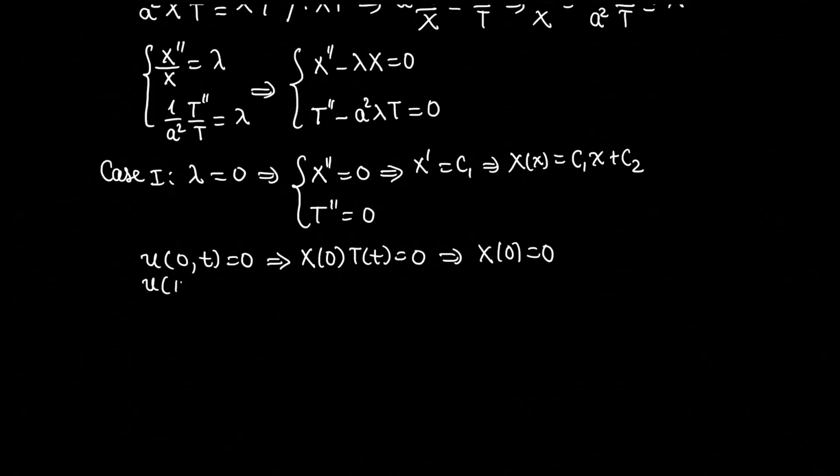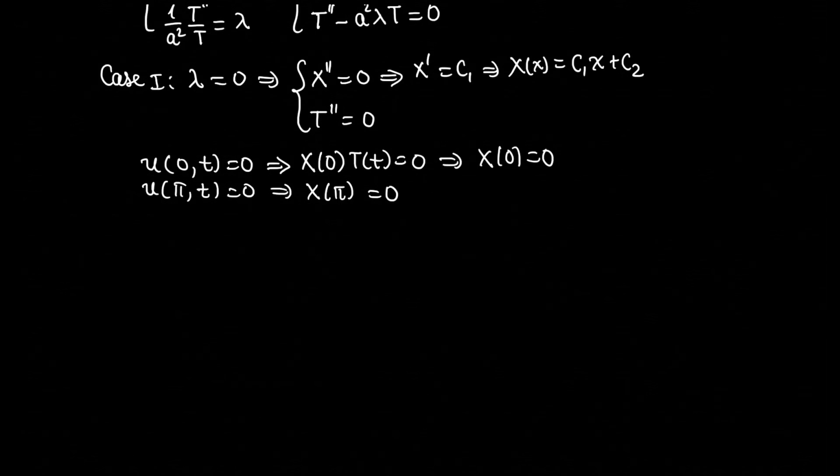The second boundary condition, u(pi,t) equal to 0, gives X(pi) equal to 0. So you have these conditions to use to find c1 and c2. When I use the first one, c1 times 0 plus c2 has to be equal to 0. Then you get c2 equal to 0.